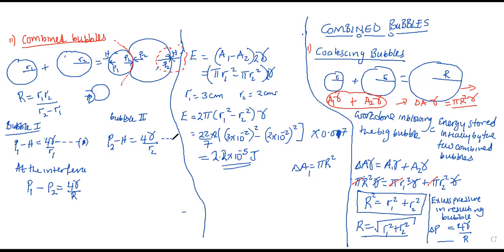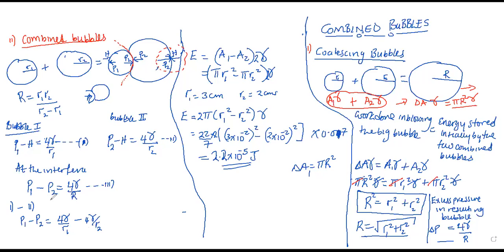But remember, this was equation 2. This can become equation 3. So if I subtract Roman 1 minus Roman 2, what am I going to realize? I'm going to realize P1 minus P2 is equal to 4 gamma over R1 minus 4 gamma over R2.